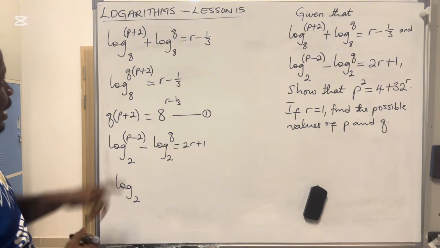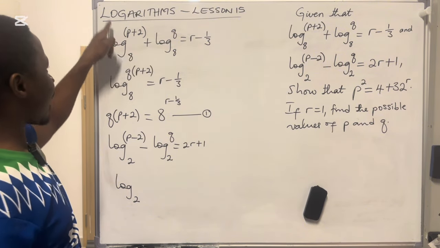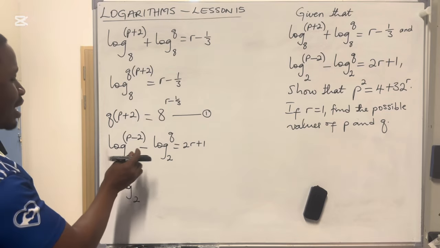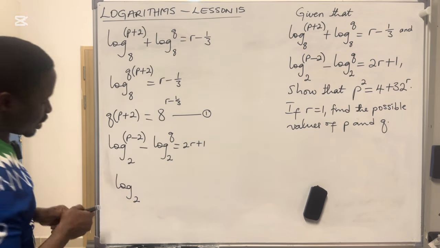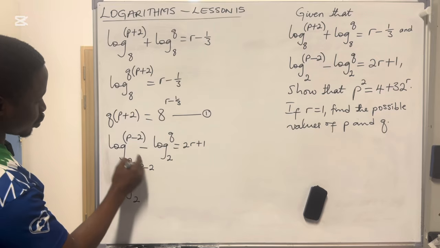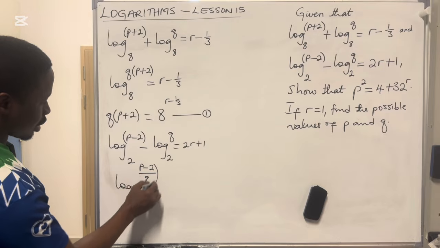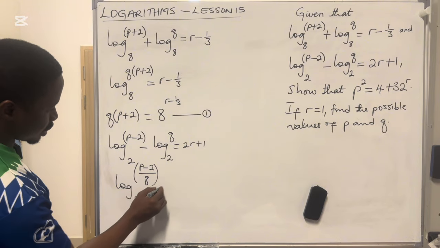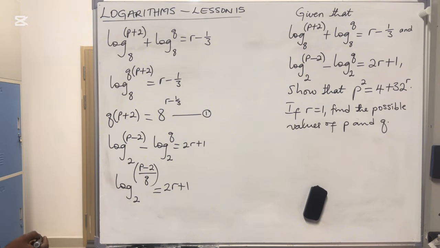It is unlike here, where when we multiply you can write this before this or this before this, no problem. But here, when we are dividing, this has to be the first one. It's a must. So because of minus, we divide. P minus 2, divided by q, which is 2r plus 1. I hope it is clear.